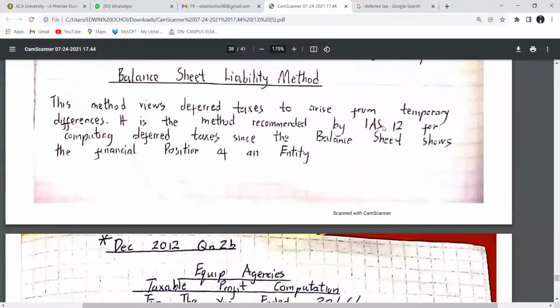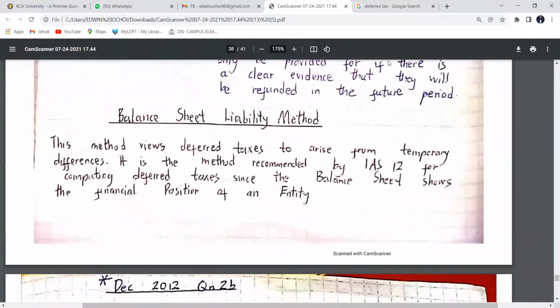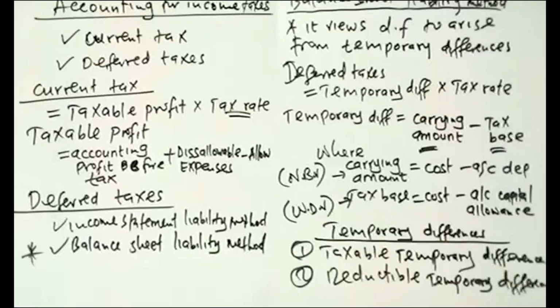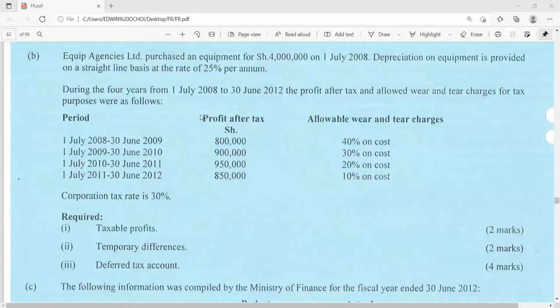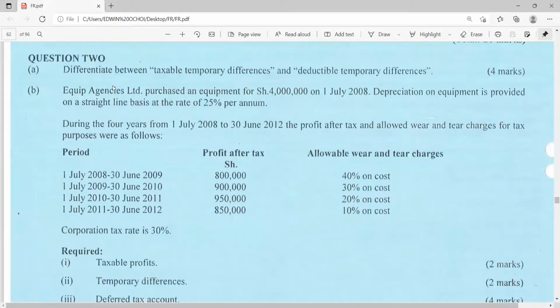So we can do December 2012, question 2B. Let us check that question. They were saying differentiate between taxable temporary difference and deductible temporary difference. Who can differentiate this for us?